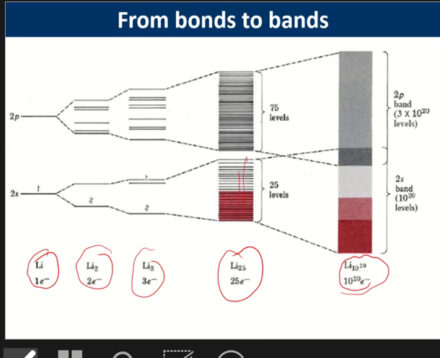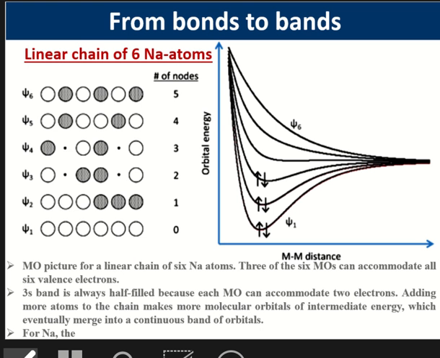Then you have energy levels corresponding to molecular orbitals formed due to overlap of p orbitals, है ना, individual जो atoms में थे. And then you are getting a continuum, a second continuum for that. So this is the thing that we learned in the last class.